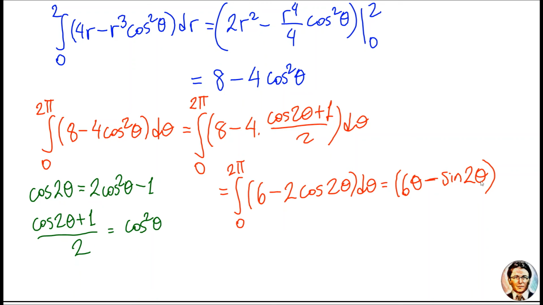The 2 coming from 2 theta will simplify the 2, from 0 to 2 pi. Sine 4 pi is 0, sine 0 is 0, so the only expression will come from 6 theta. 6 theta is 12 pi. For 0 it is 0, so 12 pi unit cube is the volume of the region.